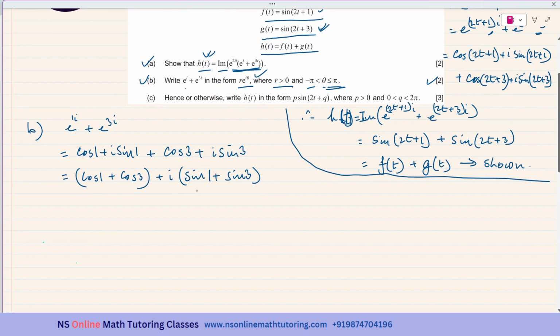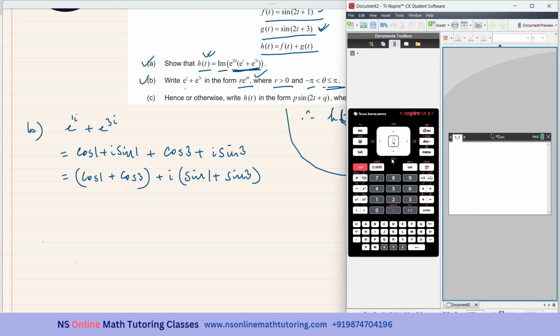We have to come to this. So now we can use the calculator. Calculator, cos 1 plus cos 3. Okay, let us first of all get these two. The value of cos 1 plus cos 3. I can use the complex arithmetic also, but I'm not going into that.